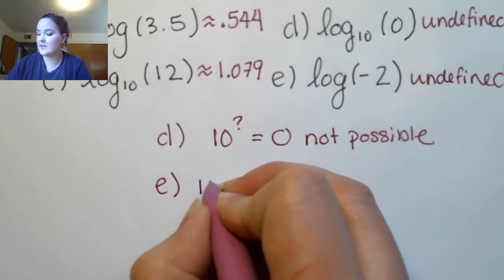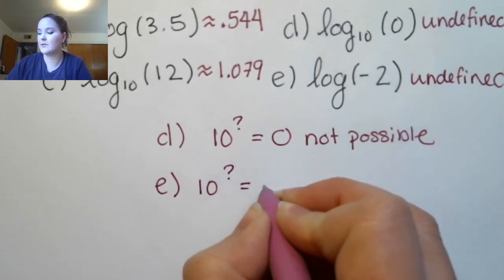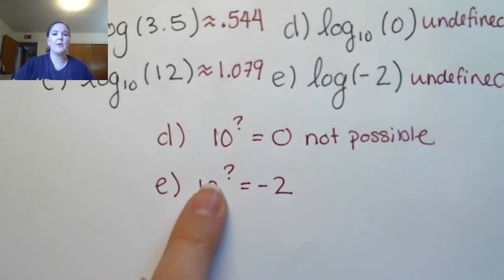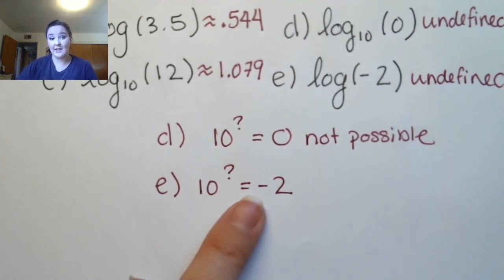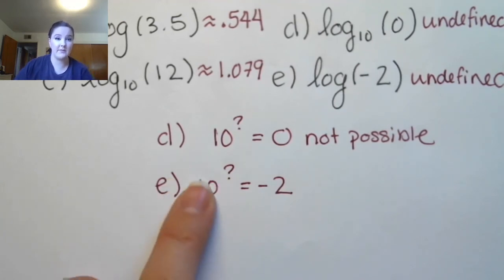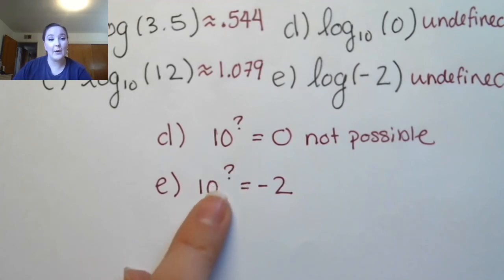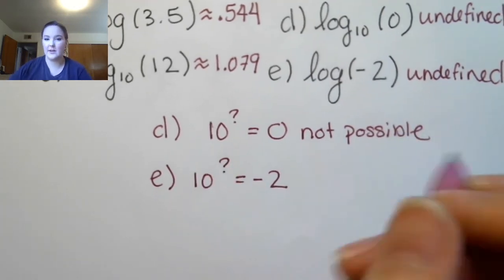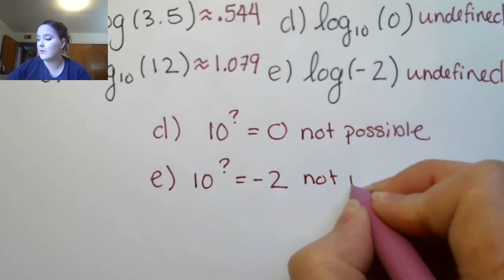I'm saying 10 to what power equals -2. Well, there's no power of 10 that's going to be a negative number. You can't get a negative number from an exponent of a positive number, right? Any power at all, you're going to get a positive answer. And that's why this is undefined. This is not possible.